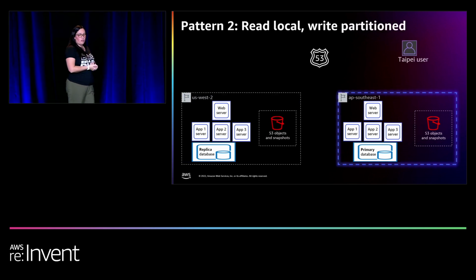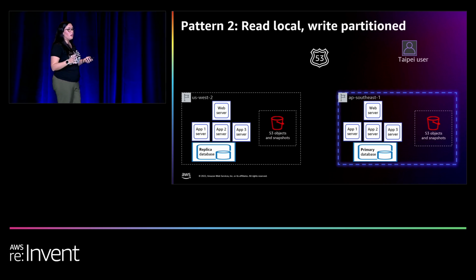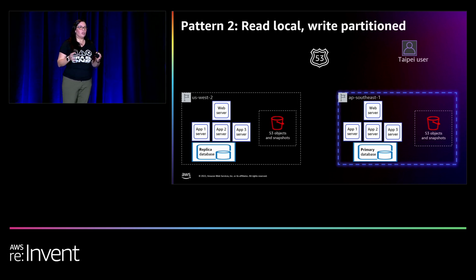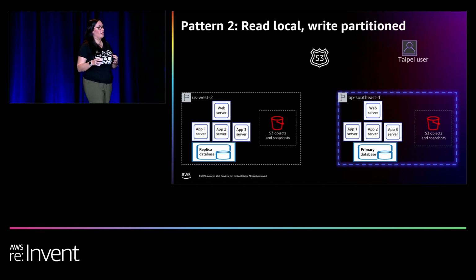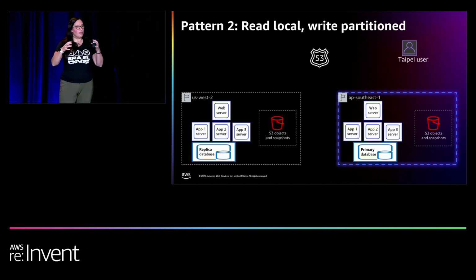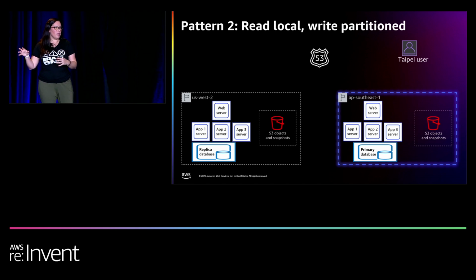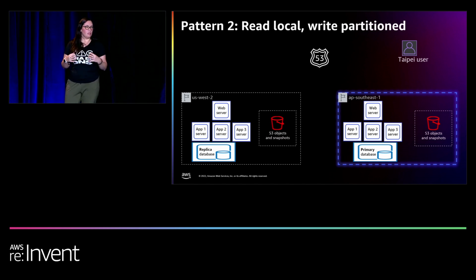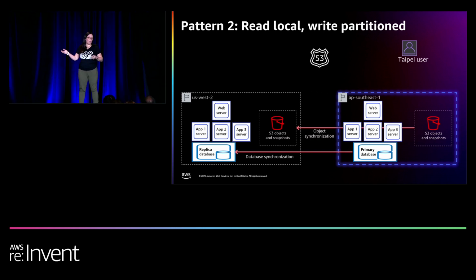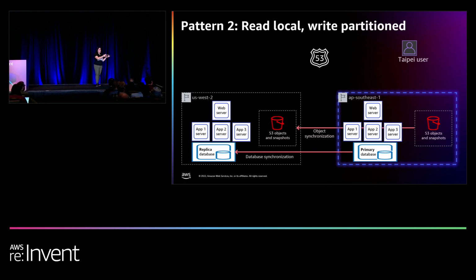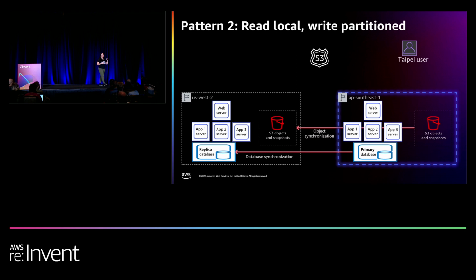Another pattern is read local, write partition. Here we will use a partitioned database, meaning that we decide how users are going to get partitioned. For example, users from Asia will write to the Southeast Asia partition, and that gets replicated all around the world. The users in the US will be partitioned to some database in the US, but I will not show you that.